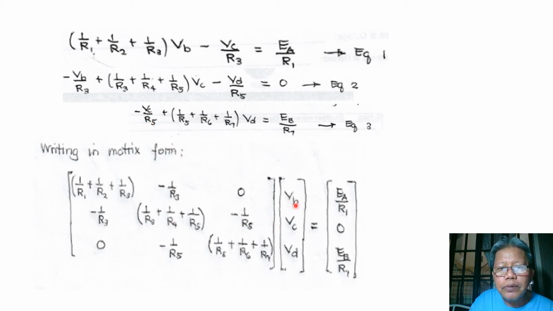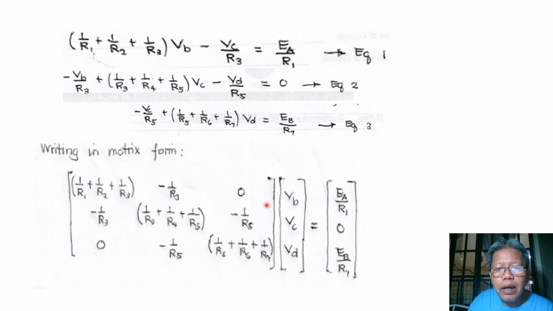Now we do not have B sub B, so it's 0 here, corresponding to B sub B. So we have 0 times B sub B. And then for B sub C, we have minus B sub C over R5, so minus 1 over R5 times B sub C, and then plus this last term here, which is in terms of B sub D. So this one times this, and we equate this to E sub B over R7 to the right.